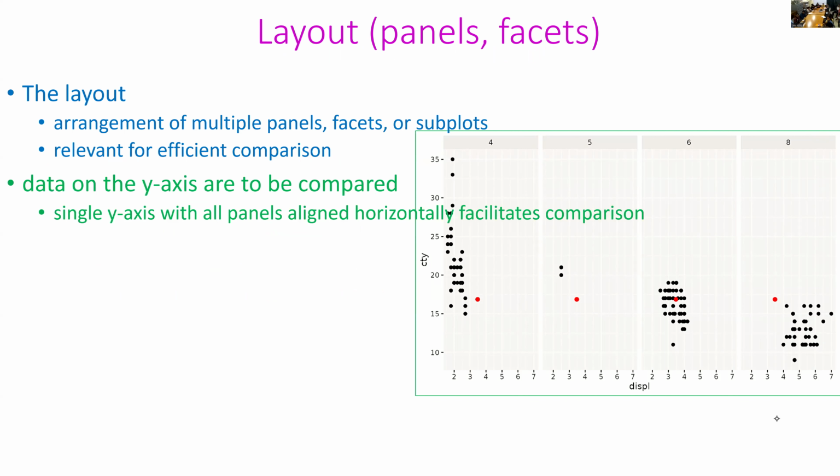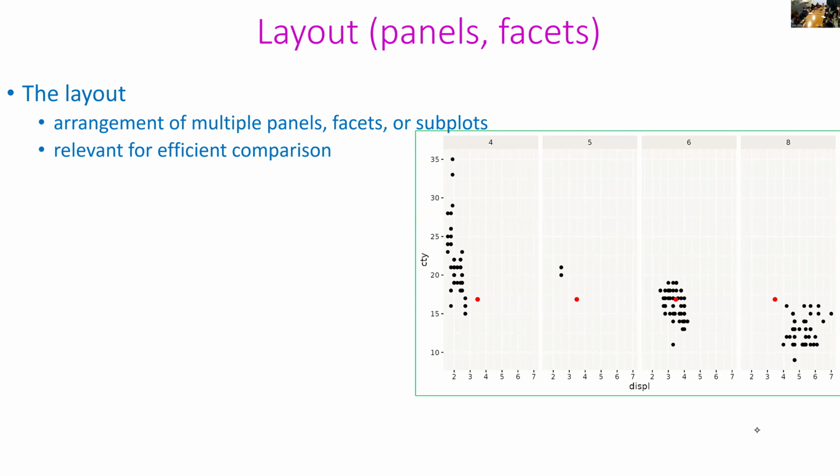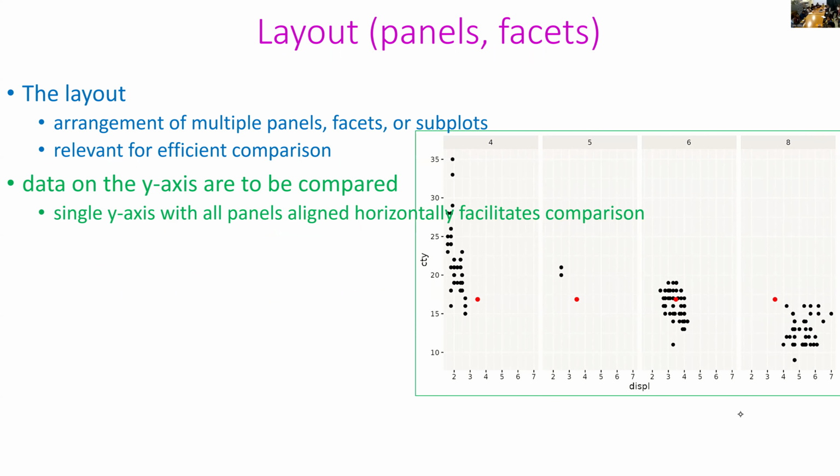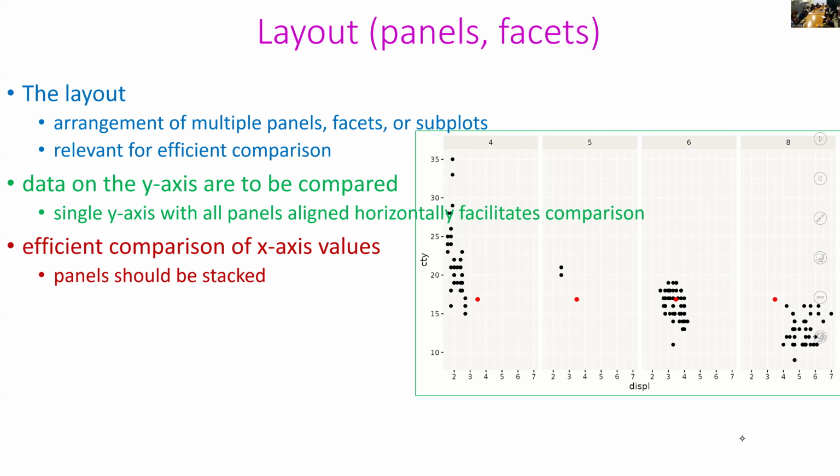If you want to compare data on the y-axis, then this kind of layout helps. You can compare how many had 15, 20, 25, 30 of the mileage across different displacements of engine. If you want to compare data on the x-axis, then the data panels should be stacked vertically.